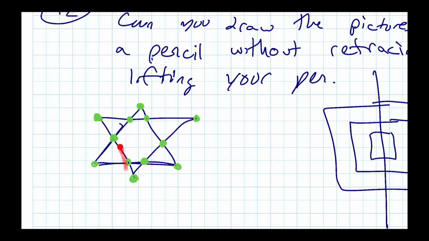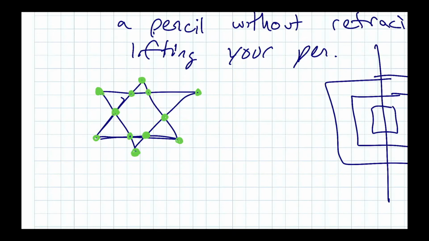Now you can go from this triangle, you can go here, here, here, and then take a turn and then draw the other triangle. So that's what you want to do: everywhere they cross, draw a vertex. Basically, draw a vertex every place lines cross.